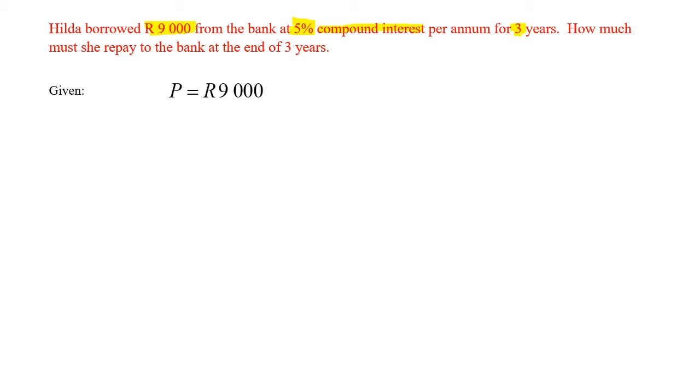We know that P is equal to 9,000 Rand because she borrowed the initial amount of 9,000 Rand. r is 5%. And remember, this is compound interest, but for now we do not use r, we use the value for i. And i is equal to 5 divided by 100, which is equal to 0,05.